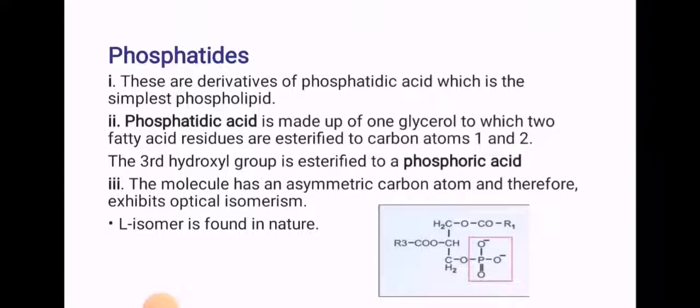So phosphoric acid esterified to the third hydroxyl group is called phosphatidic acid. This molecule has an asymmetric carbon atom and therefore exhibits optical isomerism. Naturally the L isomer is found for the phosphatides.